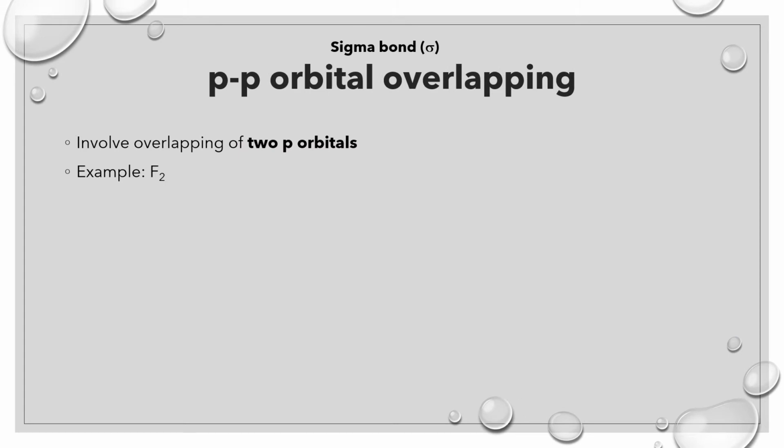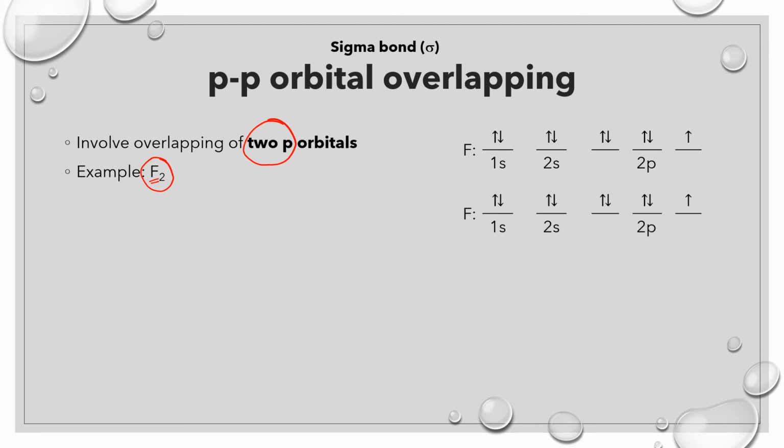PP orbital overlapping involves the overlapping between two p orbitals. So let's take fluorine molecule as the example. The fluorine molecule has 2 fluorine atoms. So let's write the electronic configuration of the fluorine atom. As you can see in its valence configuration, fluorine has one unpaired electron.